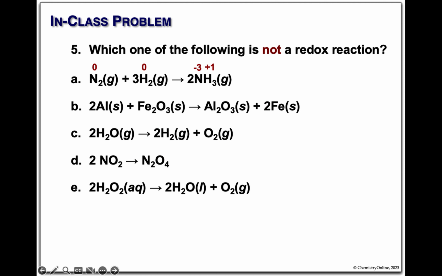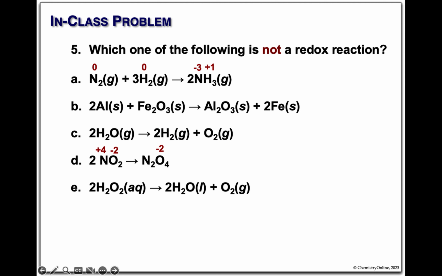Oxygen is going to almost always be -2. We can assume it's -2. We have 2 of them. That's 4 negatives. To be neutral, this nitrogen must be +4. Over here, oxygen is still going to want to be -2. We have 4 of them now. That's 8 negatives.